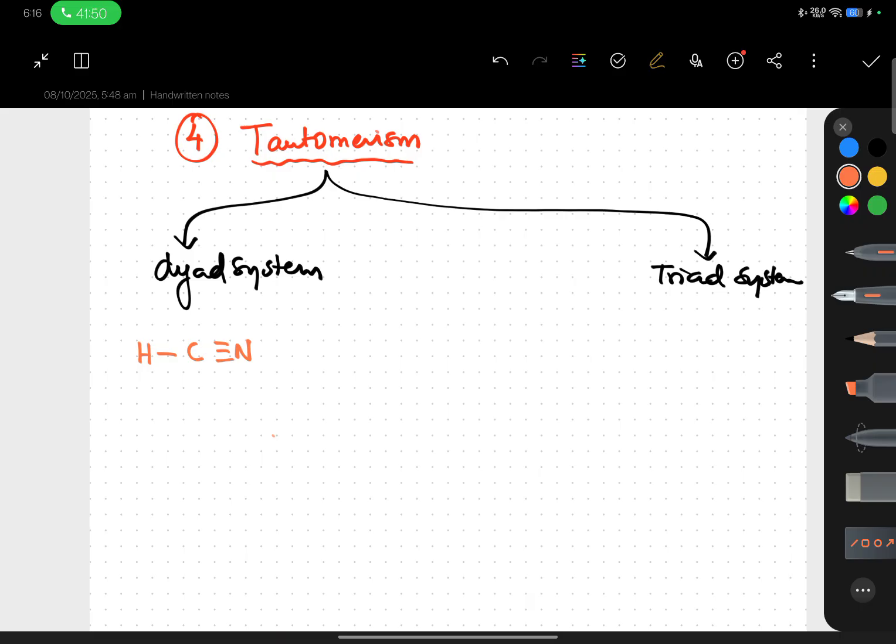Now what can be done? You can shift the hydrogen to the other side. So you'll get C triple bond NH. This is called cyanide. This is called isocyanide system.